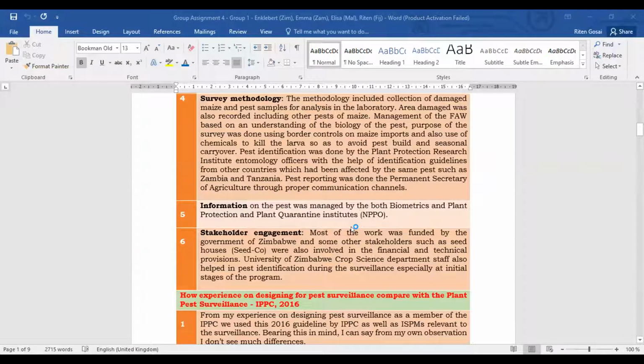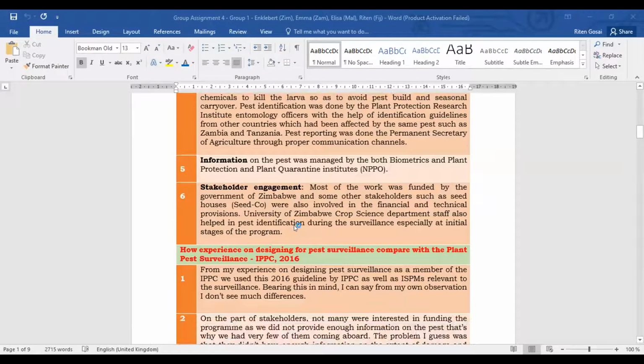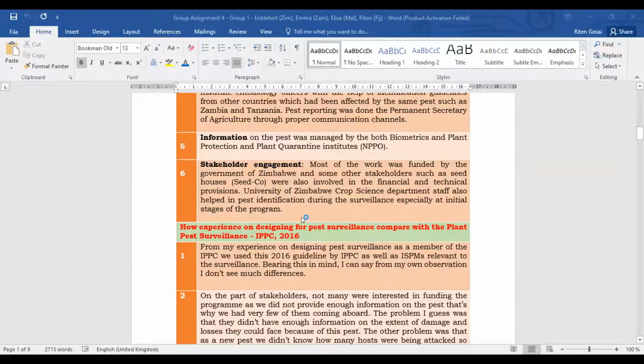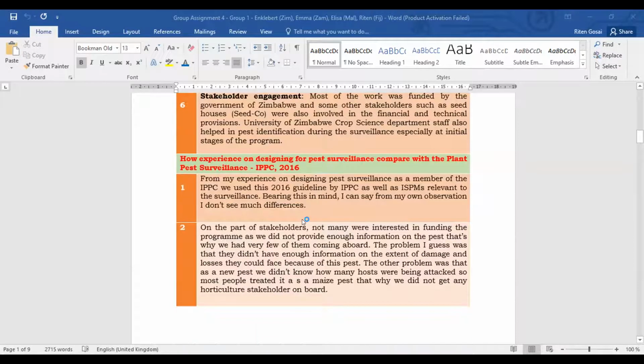Information on pests was managed by both biometrics and the Plant Protection and Plant Quarantine Institute, so the NPPO in Zimbabwe. And there was, of course, stakeholder engagement, including seed co, the seed houses in Zimbabwe, as well as the universities, which combined with the NPPO to conduct this surveillance.